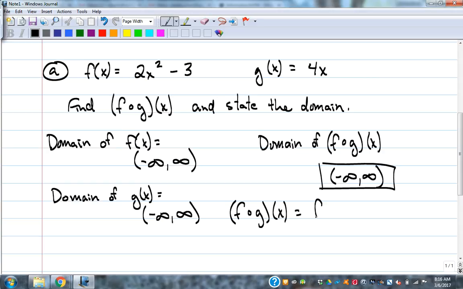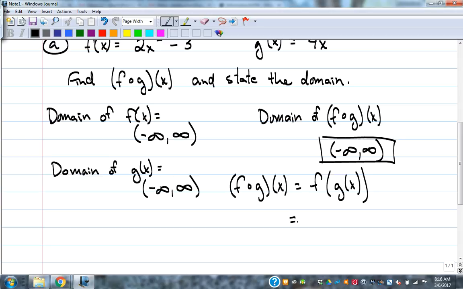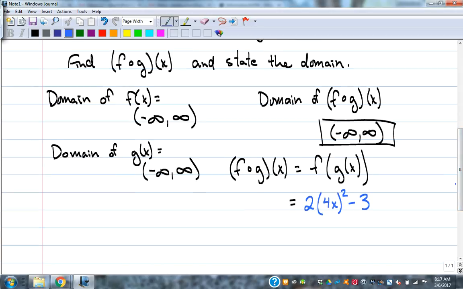Okay? So you're taking g of x and putting it into the f of x function in the place of x. So that means you're taking 2 and then putting 4x in the place of x, minus 3. And then you just want to simplify that. So that when you're doing the composition, you get that composite function is what it's called.